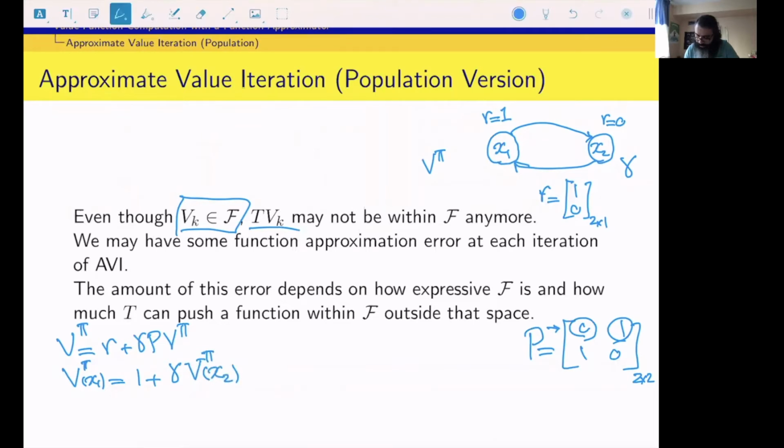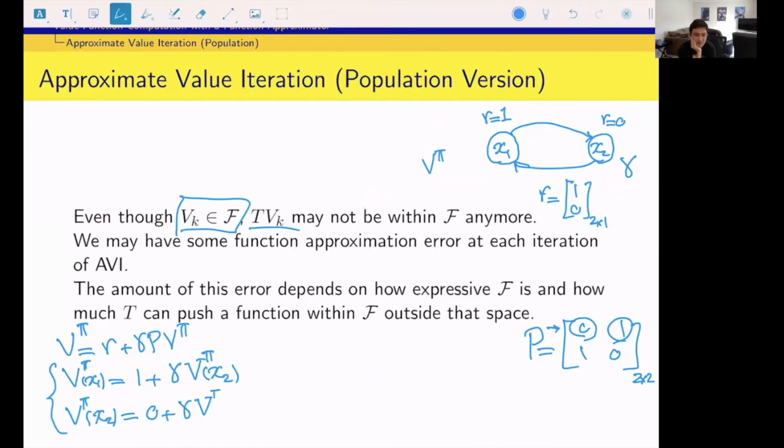What about V pi of x2? What should I write? 0 plus gamma times V pi of x1. Yes, exactly. So V of x2 is gamma times V of x1.